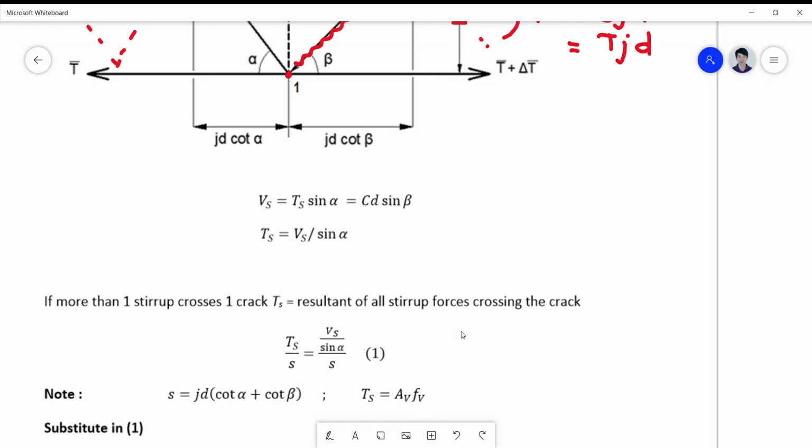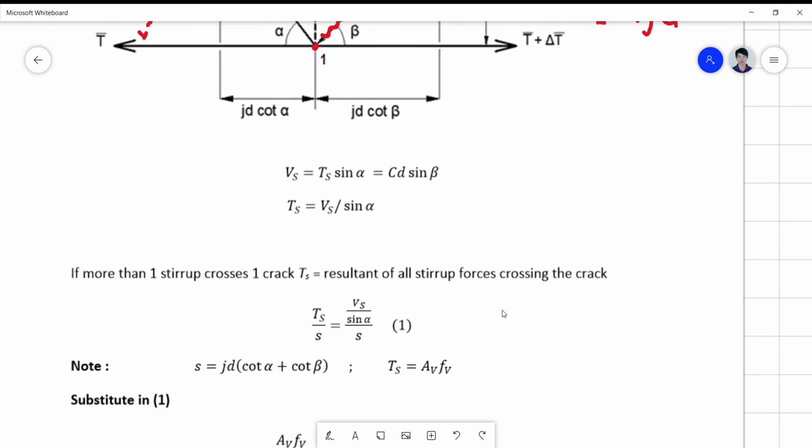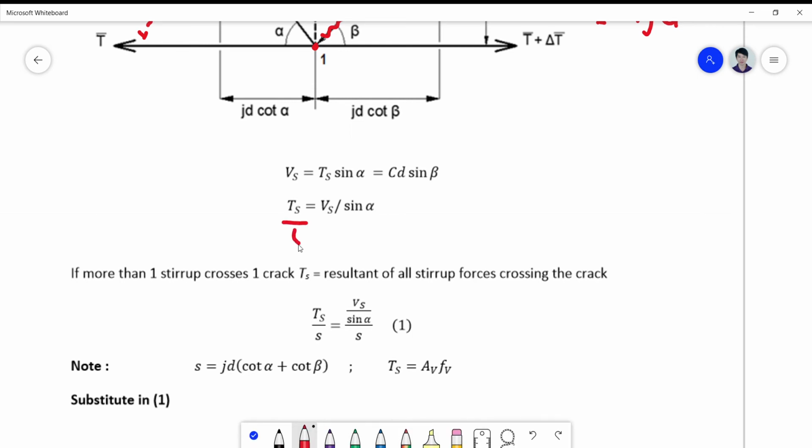And if we look into this formula now, and divide this formula by the spacing on both sides, so if we divide this formula by S there and this formula by S here, we get this one. While S is actually JD times cotangent alpha plus cotangent beta, defined here. And Ts is simply the area of the stirrup.